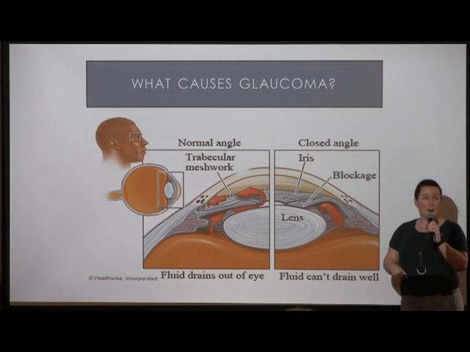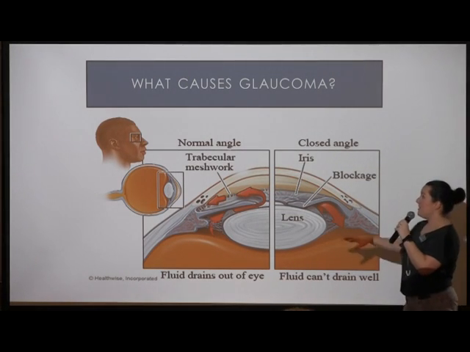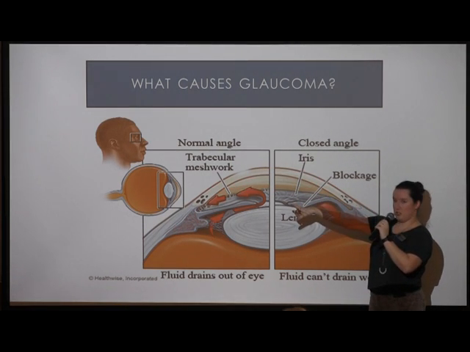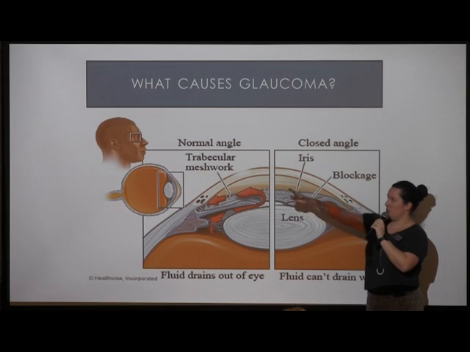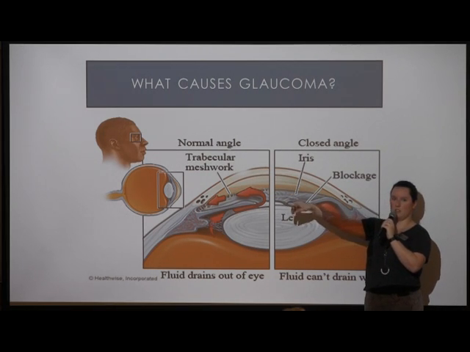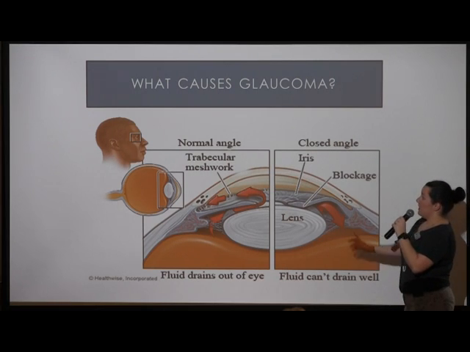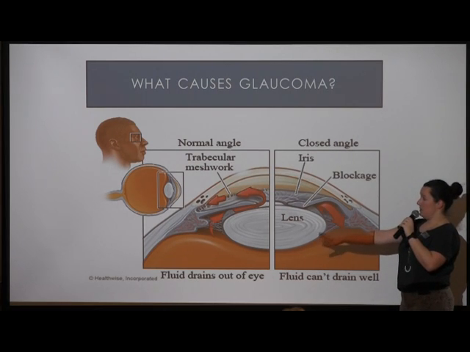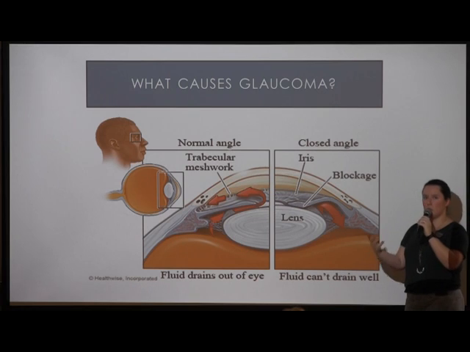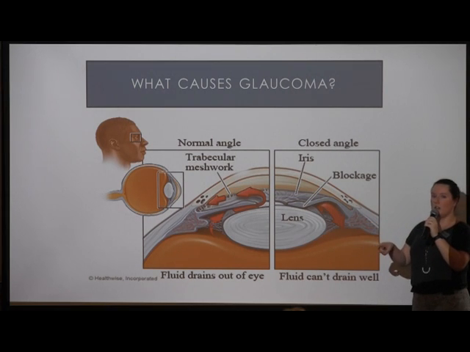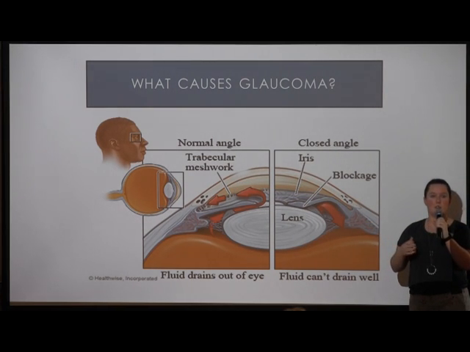So what causes glaucoma? So now you see that there's the person from the side, and then there's that picture that we were just looking at, and then we're going to zoom into that rectangular box here to look at the anatomy of the front part of the eye. So on the left side of this picture here, we have a normal, healthy eyeball, normal anatomy, and then the red arrows there kind of follow the path of the fluid that's produced and drained in the front part of the eye.